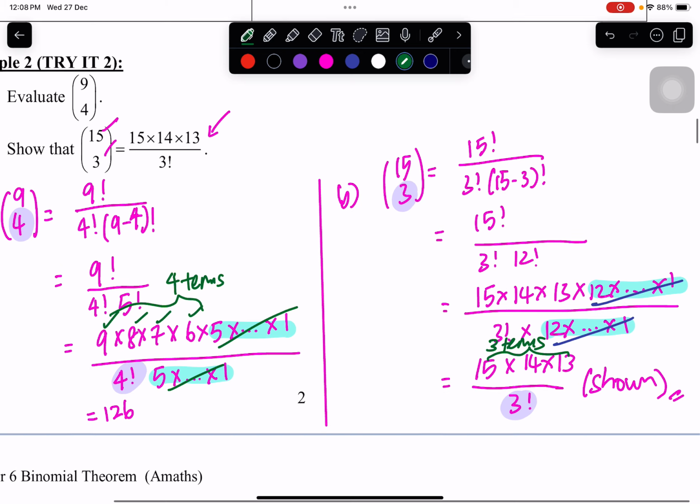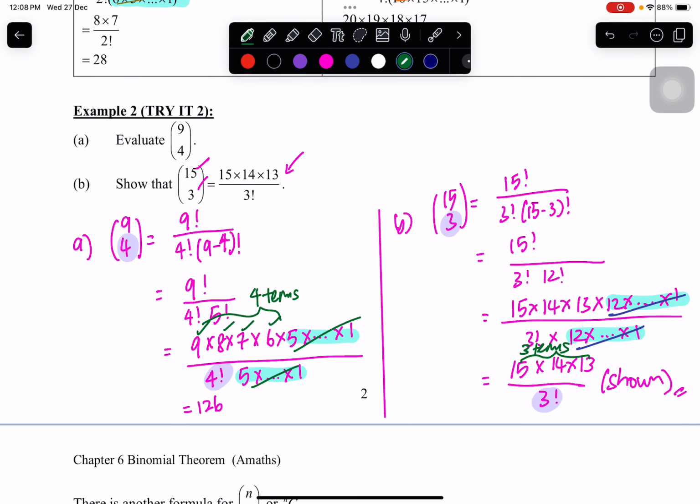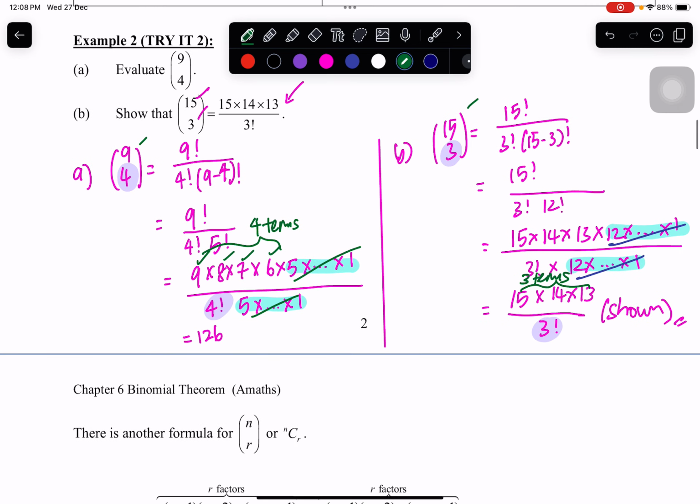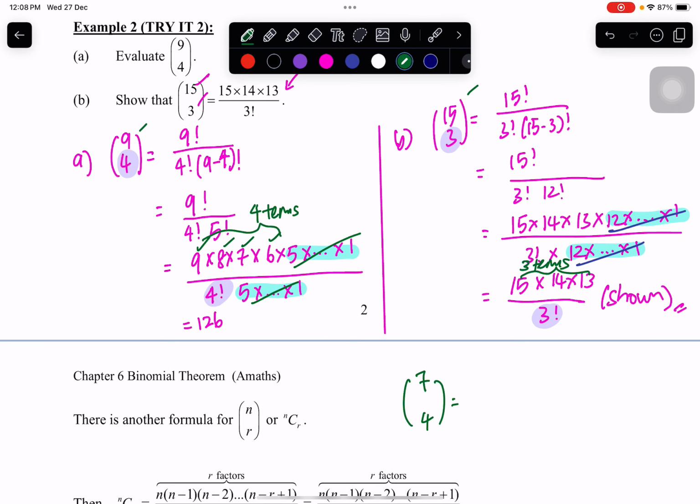So do you think I can simplify n choose r into a simpler formula? Maybe if I have something like 7 choose 4, based on the same pattern, I can deduce that the denominator would be 4 factorial.